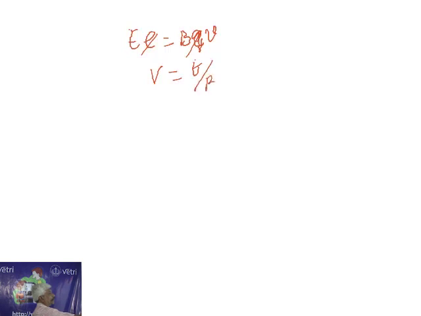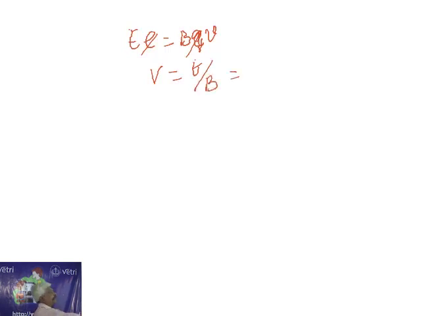If both fields are there, we know both are balanced. That means the electric force eE is nothing but the magnetic force Bev. The e gets cancelled, automatically v is equal to E by B. That is electric field divided by magnetic field.